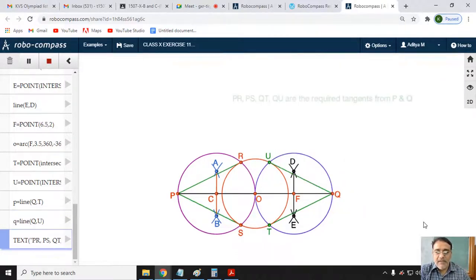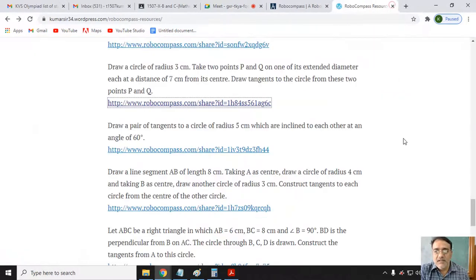So PR, PS, QT, QU are the required tangents from P and Q. Okay, so this is the third construction. Now we are moving towards the fourth construction.